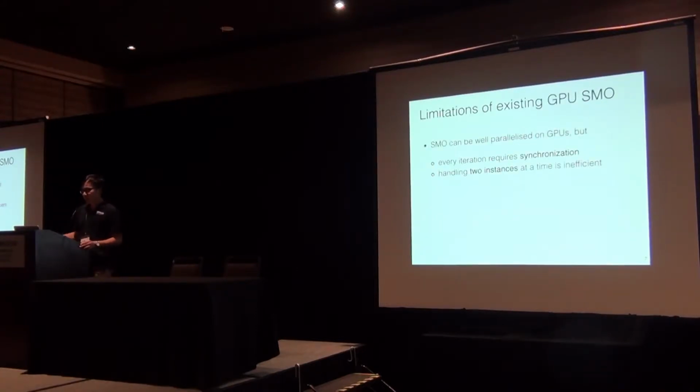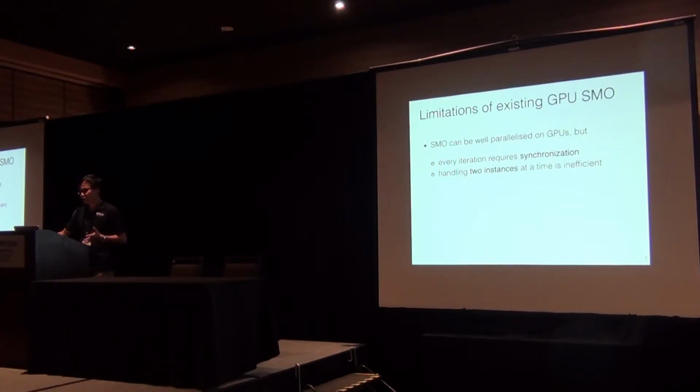In the community, there are many studies that try to accelerate the SMO algorithm using GPUs, but they have some limitations. First, in each iteration, they require synchronization, and in each iteration, they only handle 2 training instances and use these 2 training instances to update the hyperplane.